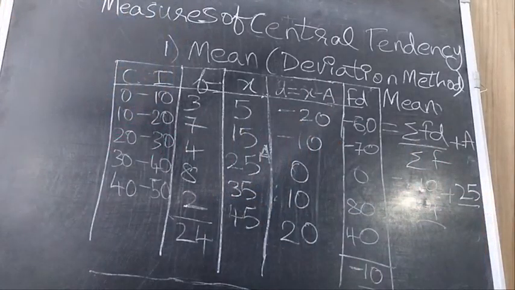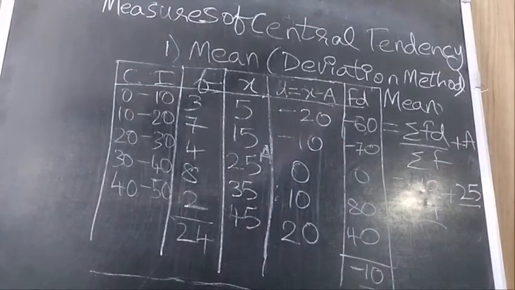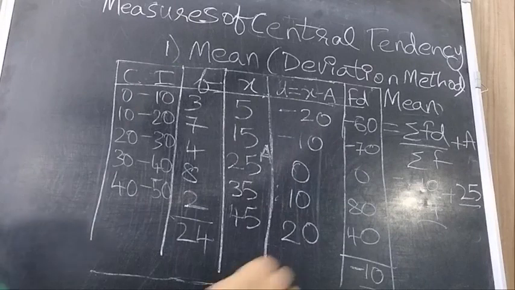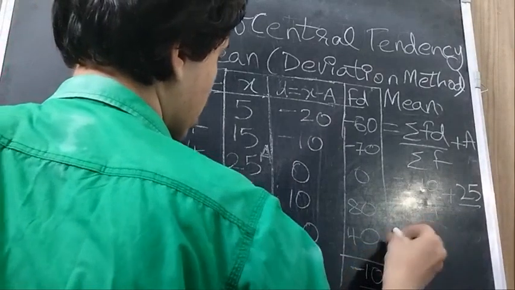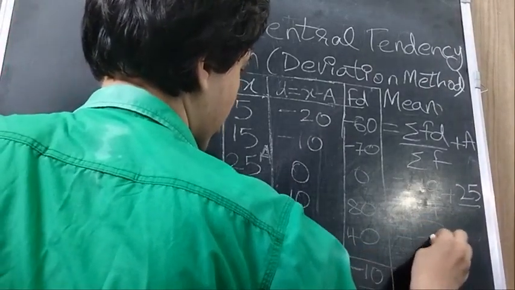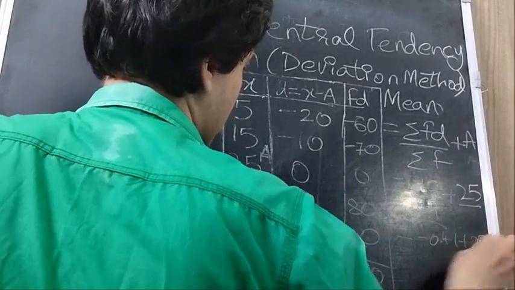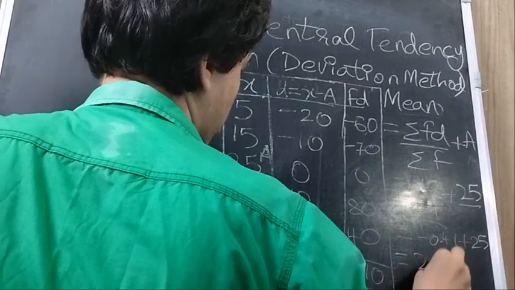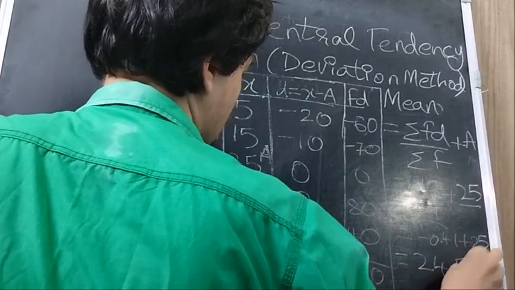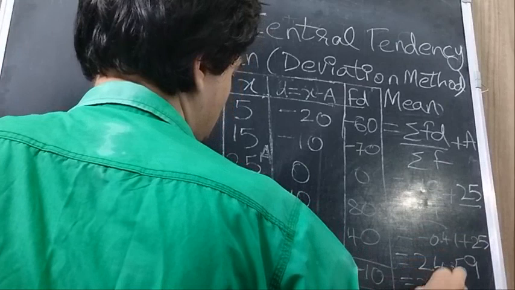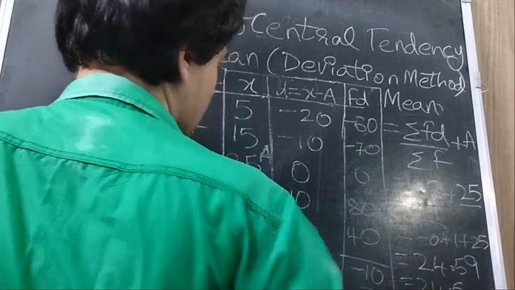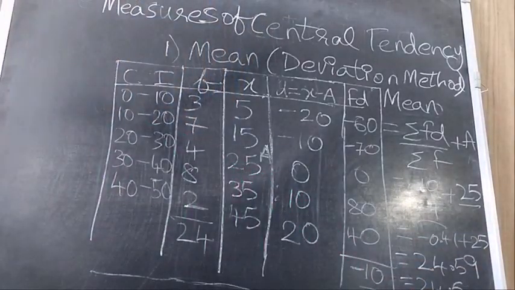Simplify the value. You will get minus 0.41 plus 25, that is around 24.59, that is, 24.6.